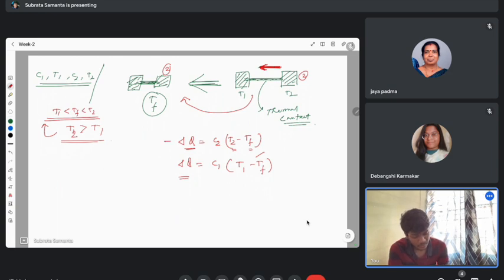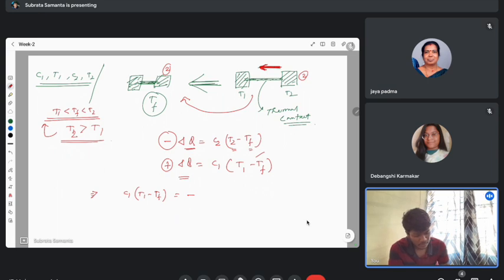So when we equate this, that means C1 (T1 minus TF). This is the amount of heat extracted, and here the amount of heat added. So your sign convention is that when heat is extracted from the system, we put a negative sign. That's why we put a negative sign here, and here we have heat added to the system, so a positive sign, right?